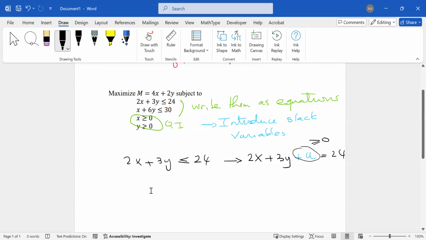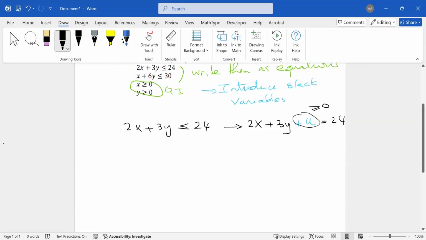For instance, if somebody tells you, give me a proof why 3 is less than or equal to 5, you're going to say, okay, this is obvious. We know it's obvious, but if somebody asks you to give a proof of that, you can say, I know 3 is less than 5 because we need to add a positive number to 3 to get 5. It's the same case here.